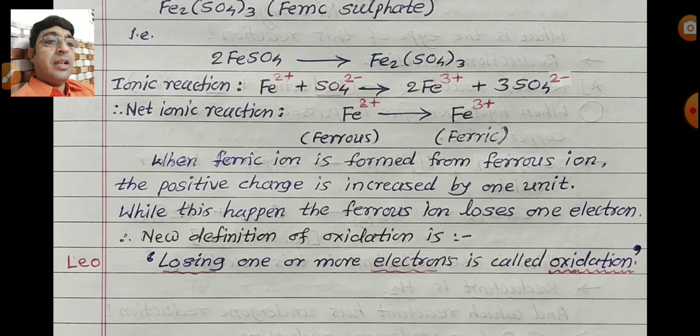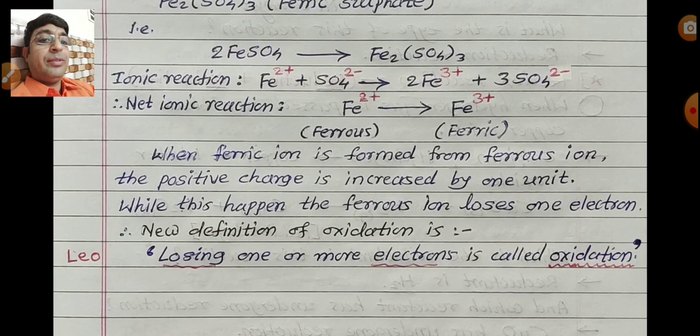When a ferric ion is formed from a ferrous ion, the positive charge is increased by 1 unit. While this happens, the ferrous ion loses 1 electron. Therefore, the new definition of oxidation is: losing 1 or more electrons is called oxidation. Remember this, underline it.